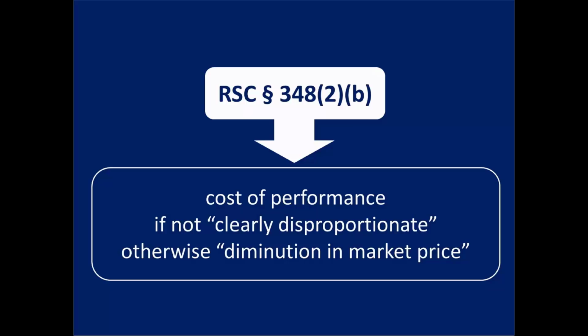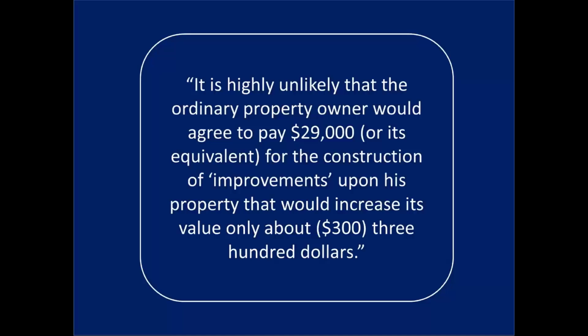One rather simple-minded explanation for the rule applied in Peavey House is that we need to avoid economic waste. As the court explains, the situations presented are artificial ones. It's highly unlikely that the ordinary property owner would agree to pay $29,000 for the construction of improvements upon his property that would increase its value only about $300.